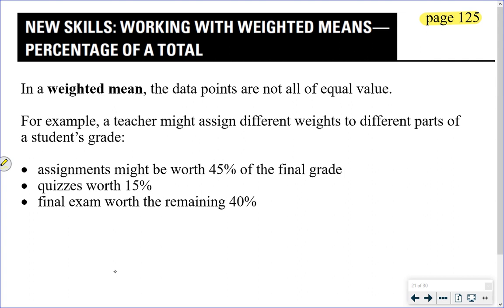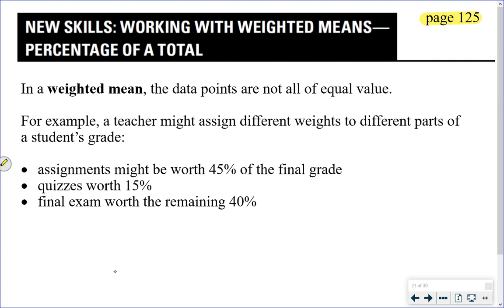And I want everybody to take a minute and add these numbers together. And you get 100%. And anybody who's calculating a weighted average for school marks, and they're doing it right, needs to set it up so it adds up to 100%. Otherwise, those percents are meaningless.